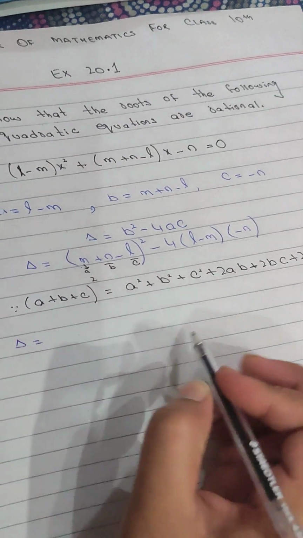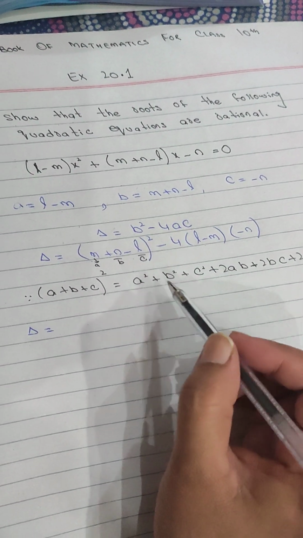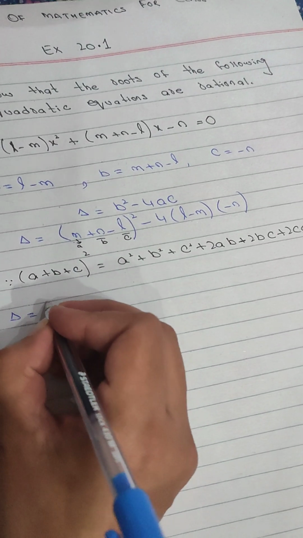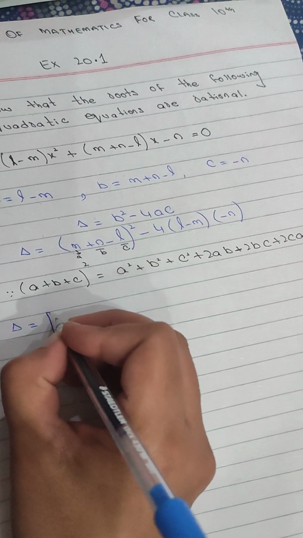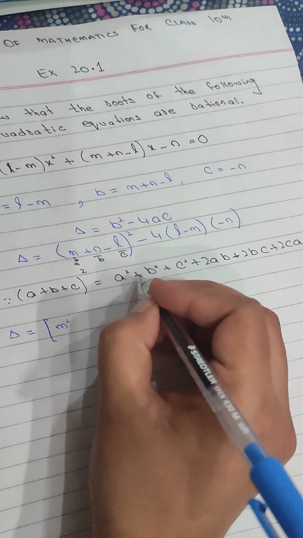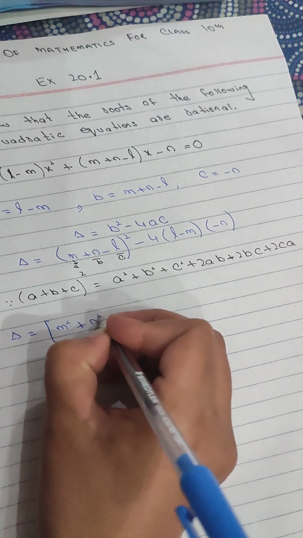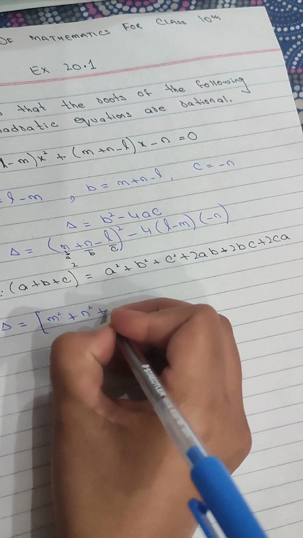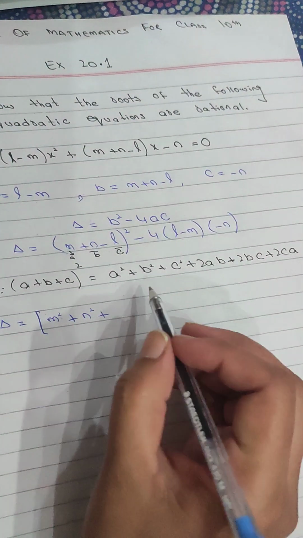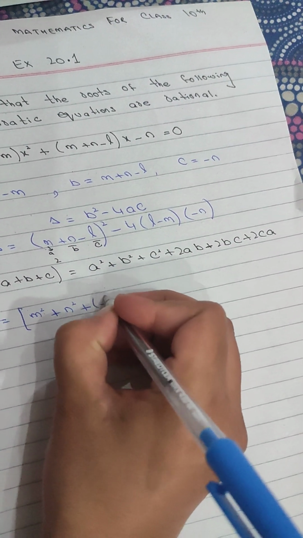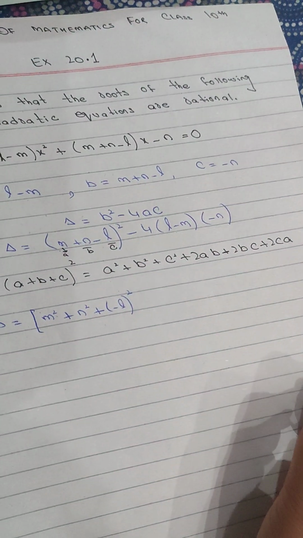The delta will be A square, B square and C square means M square, N square. We will replace the values. A square means M square plus B square means N square plus, we will put the values according to the formula. C square, here C is minus L, so it will be minus L whole square.